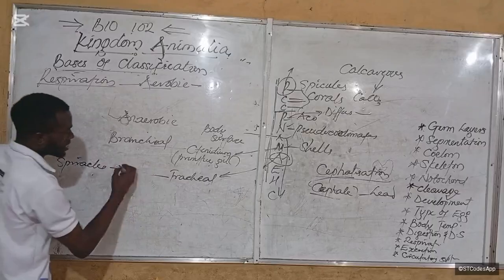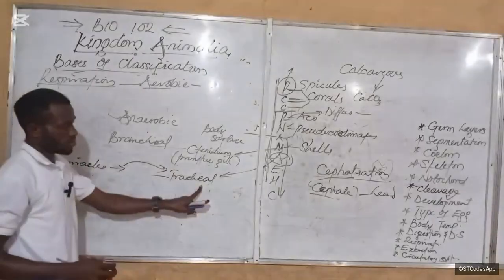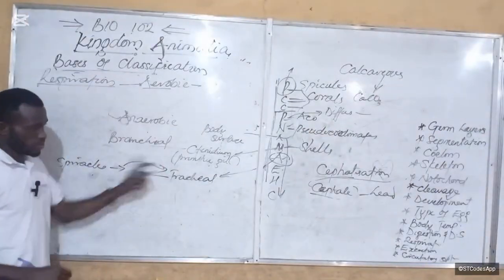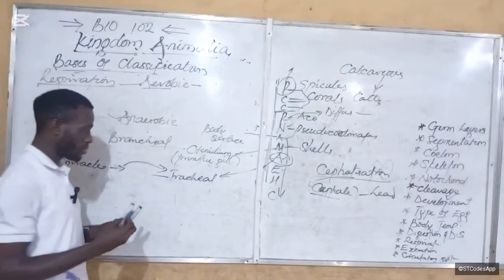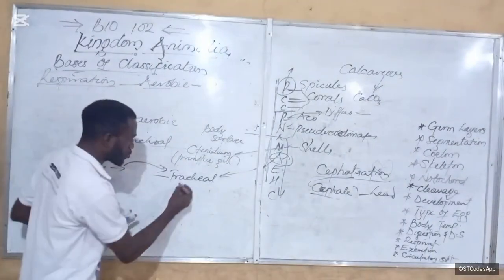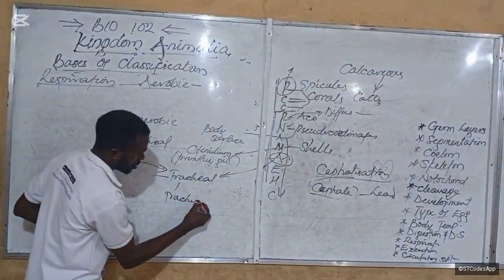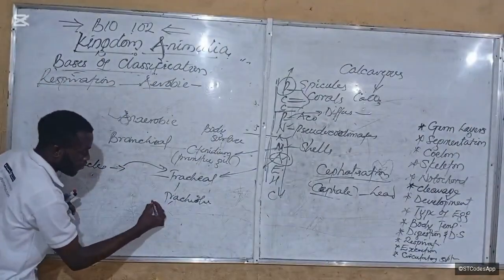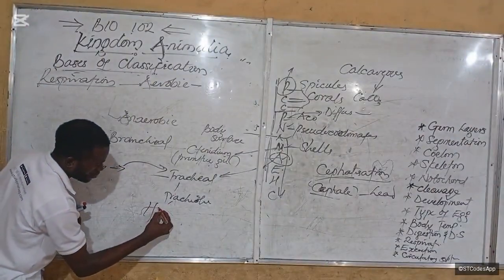Then these spiracles lead into the body through the trachea. Is that clear? So we call it a tracheal system. And this trachea leads to tracheoles, and these tracheoles have direct connection with the body fluid known as the hemocoel.